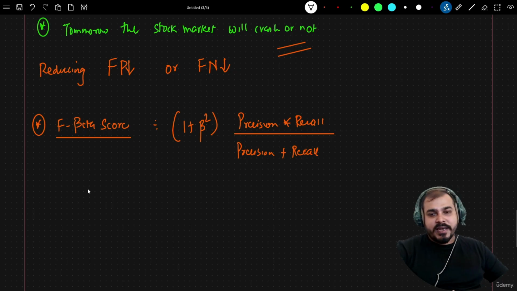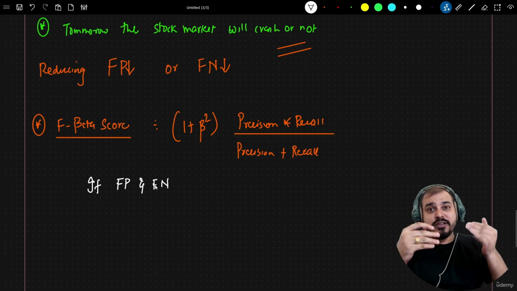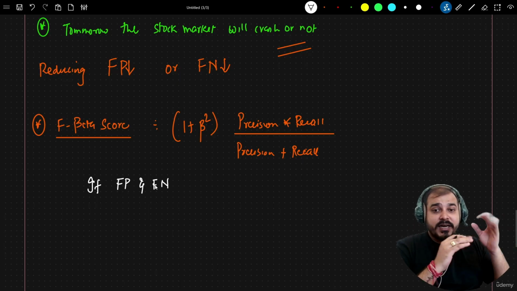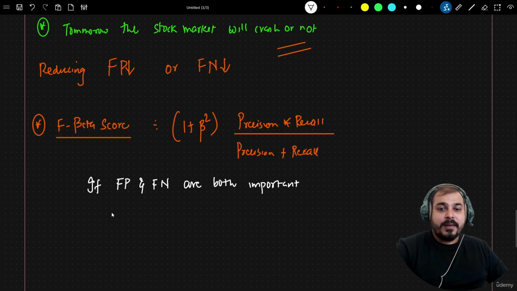Now, how do we select the beta value? For some use cases, both false positive and false negative can be important. If both are important and we need to reduce both of them, then my beta value is selected as 1.